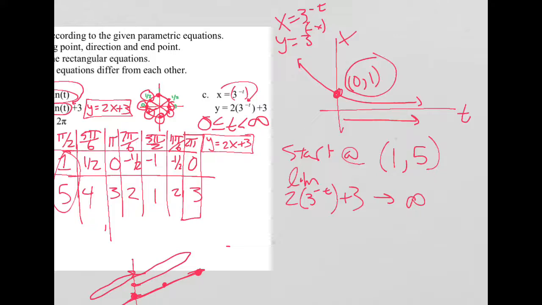Think of this as the limit as t goes to infinity. That's how I should write that. What is the limit as t goes to infinity of the y value here? And similarly, what's the limit as t goes to infinity of our x value, which is just 3 to the negative t?